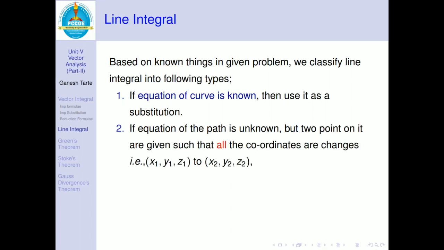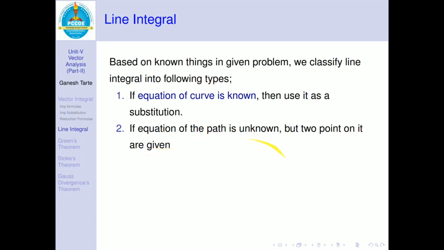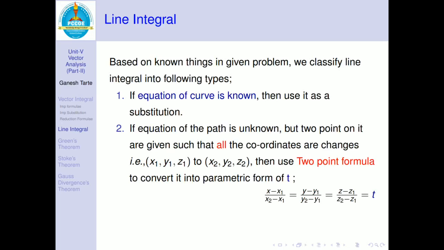Then we observe those 2 points, if all the coordinates change, like x1 y1 z1 to x2 y2 z2, then we use the 2-point formula, that is, x minus x1 upon x2 minus x1 equals y minus y1 upon y2 minus y1 equals z minus z1 upon z2 minus z1 equals t, where t is the parameter. So actually we convert all these x, y, z, three variables in terms of a single parametric value t.